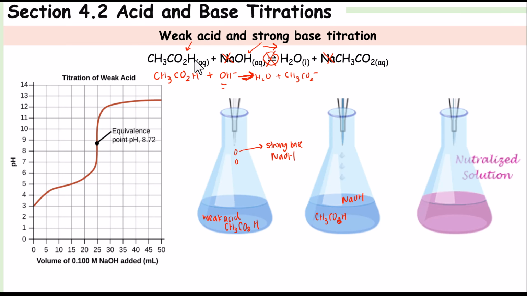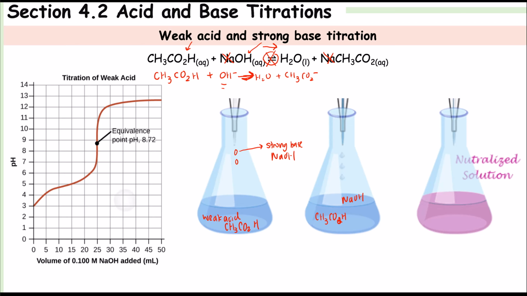It means all of the H has been taken out, and then now it has been formed into water. Then afterwards, as you add more and more NaOH, this is where all of the weak acid has already been used up, and this point right here is where only NaOH is present.